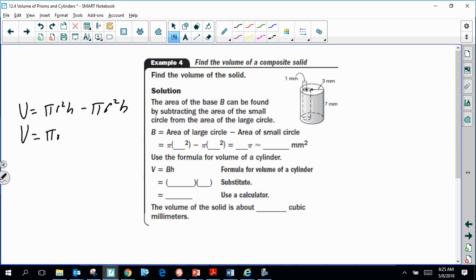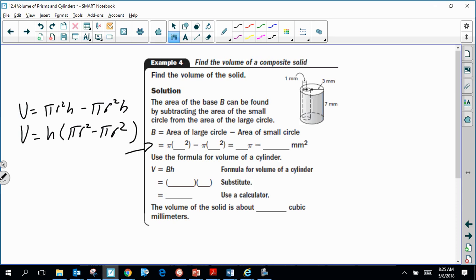Because the radii are going to be different, but the height is going to be the same, since the height is the same, I can factor out the height and then say the area of one minus the area of the other. And that's kind of how they're setting it up here.